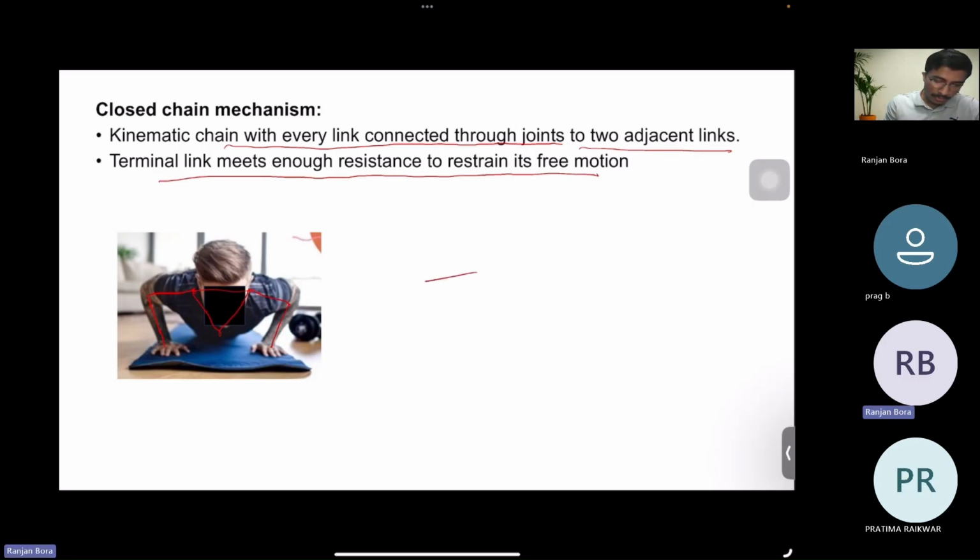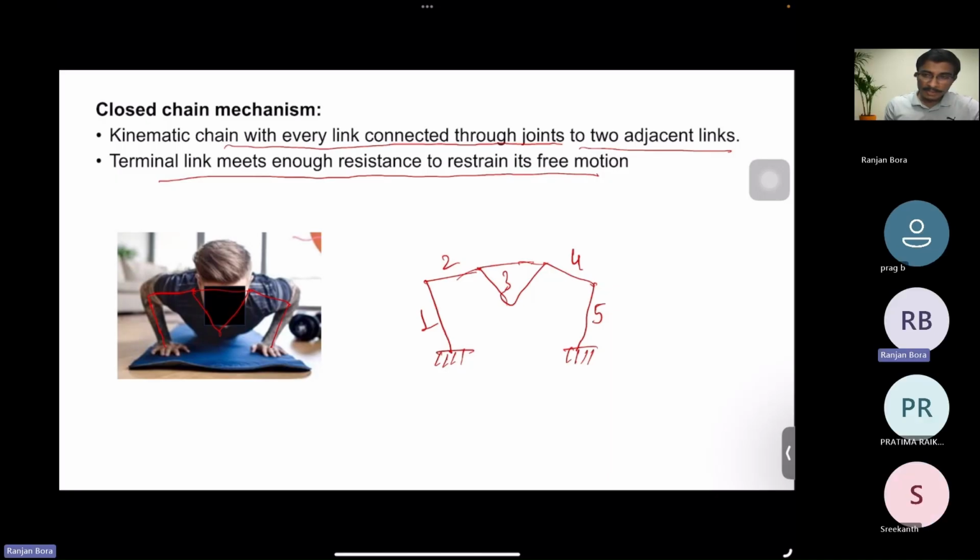If we draw it and mark the links 1, 2, 3, 4, 5, the terminal links are constrained. They cannot move freely. The ends of links 1 and 5 are constrained. The person cannot move the terminal link.